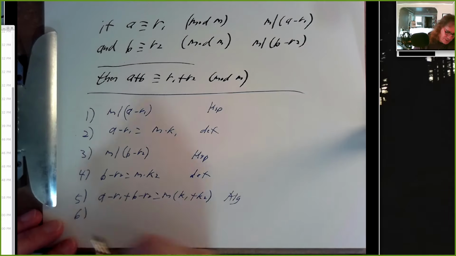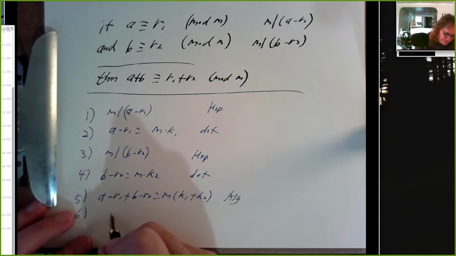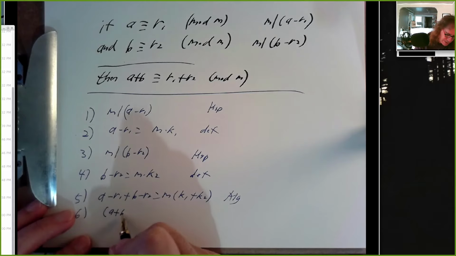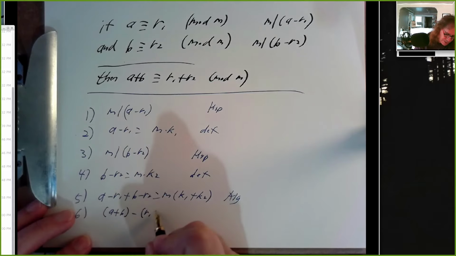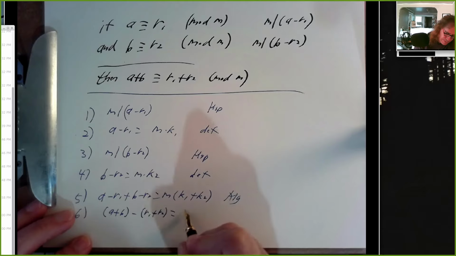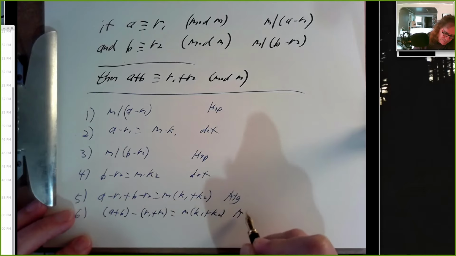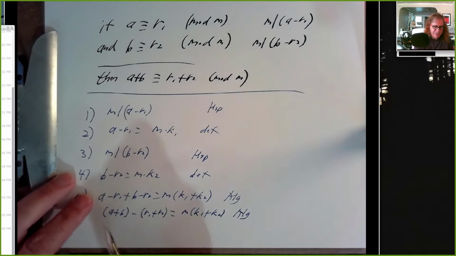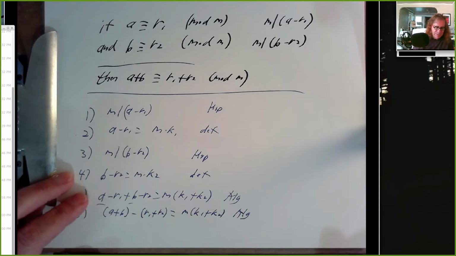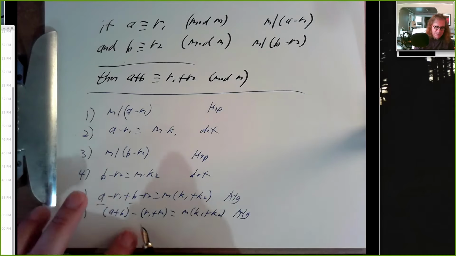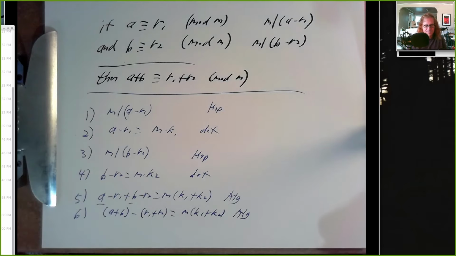And so let me just group my terms differently. A plus B minus R1 plus R2 equals m times k1 plus k2. That's more algebra, right? A plus B, and then I took R1 plus R2 and put a minus sign in front of it.